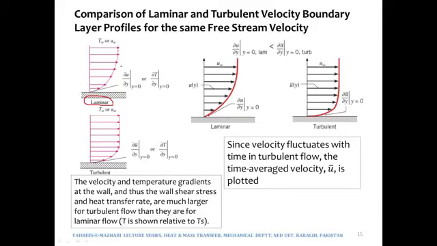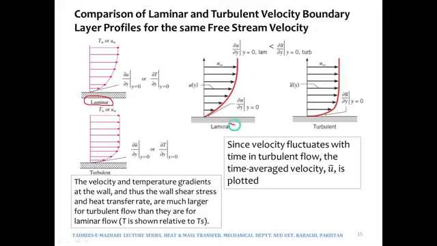And you can see that over here they say dou u by dou y, but over here they say dou u bar over dou y. The reason is that in the case of turbulent flow, we usually represent the velocities with an average value.